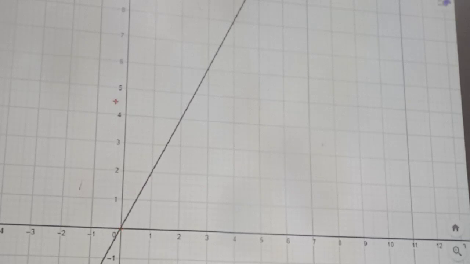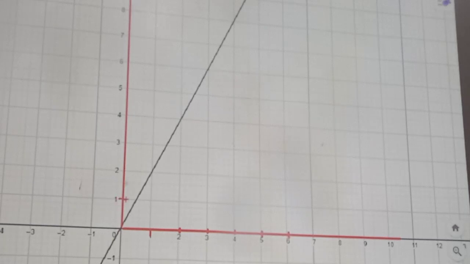Okay, now this is the Cartesian plane, whereby this is the y-axis and this is the x-axis. Those are graduations from 1, 2, 3, 4, 5, 6, up to any number.